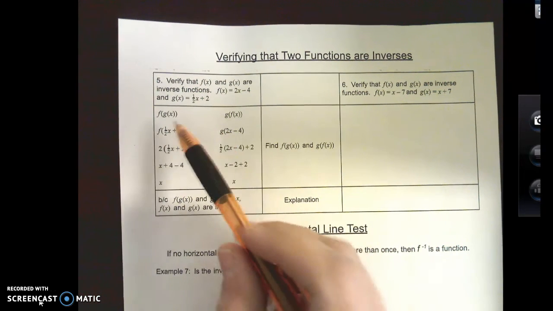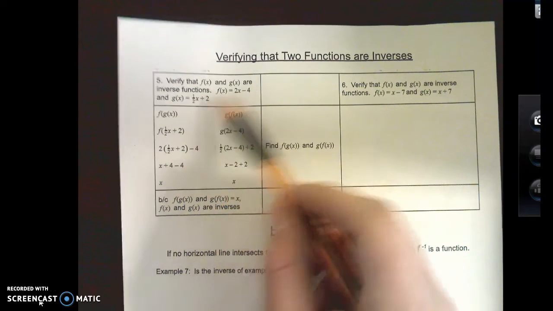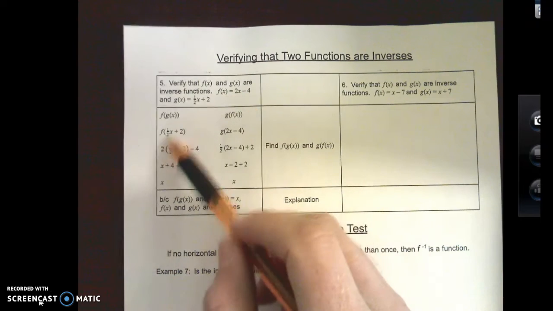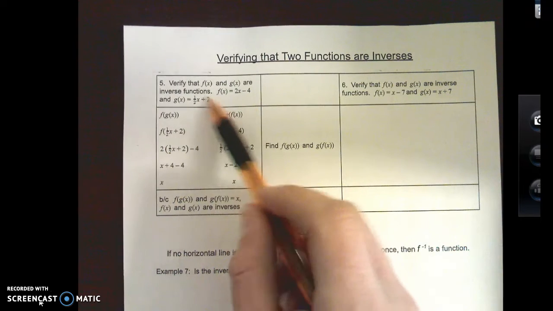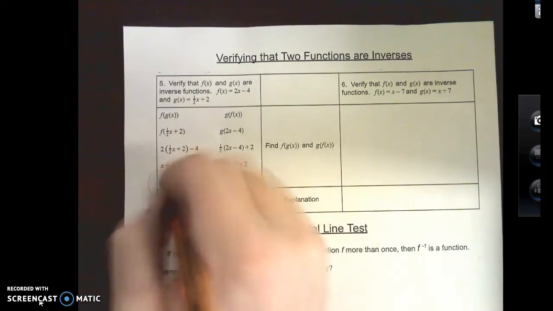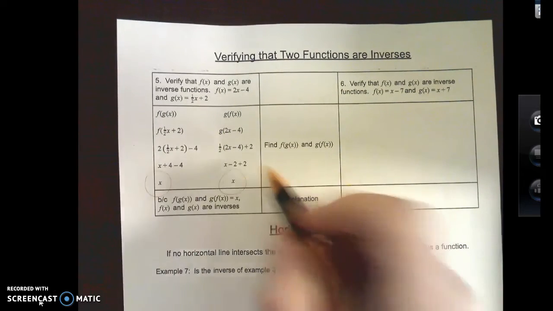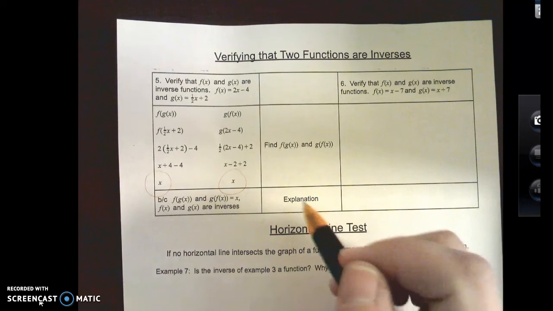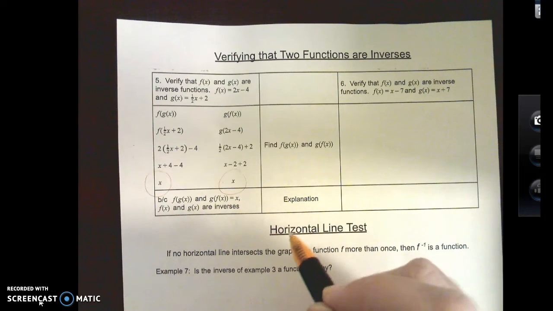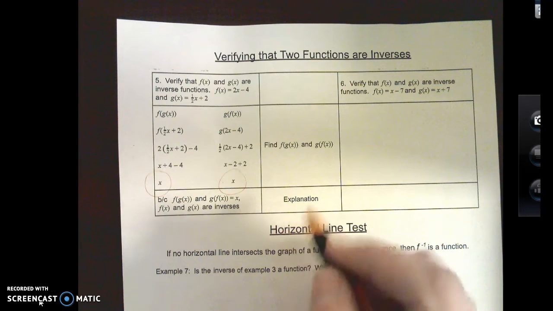Yesterday we talked about inputting the g function into the f. See how it says 2 times something? Well, it's 2 times this new something, minus 4. And it has to equal x, must equal x. You're going to notice that for both of these, they do in fact equal x. If they do, bam, they're inverses of each other.